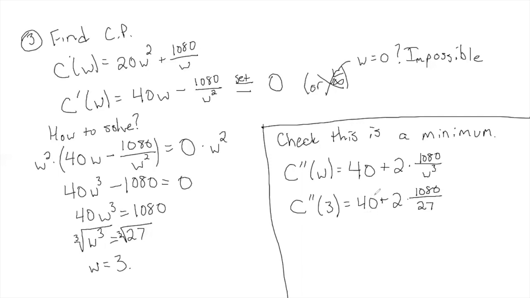Okay, I have 40, which is positive, plus 2 times positive things, right? This ends up being, well, I know what this is. This is 40 plus 80, which is certainly greater than 0, right? So because it's greater than 0, therefore, W equals 3 corresponds to a minimum, right? Because the thing is concave up, and this is the only critical point that we found.